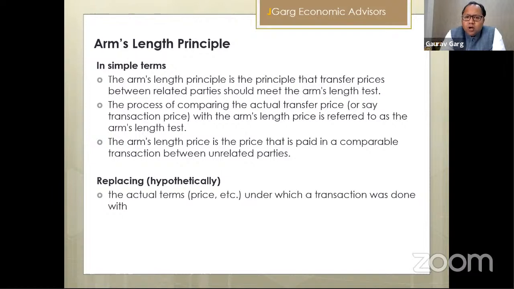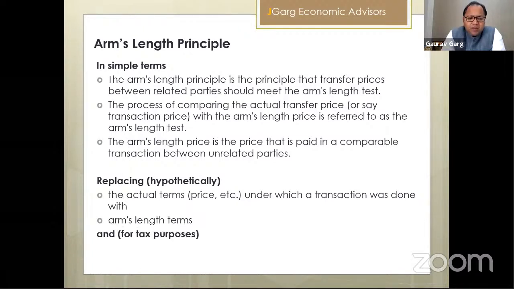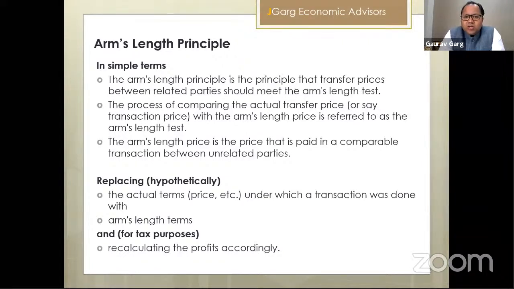So what we do in this case in arm's length price is kind of replace the actual terms, that is price, etc., under which a transaction was done, with arm's length terms, and for tax purposes recalculate the profit accordingly. So let's say you have exported goods to your associated enterprises for $10 per unit, and the arm's length price of the same goods comes to be $11 per unit.